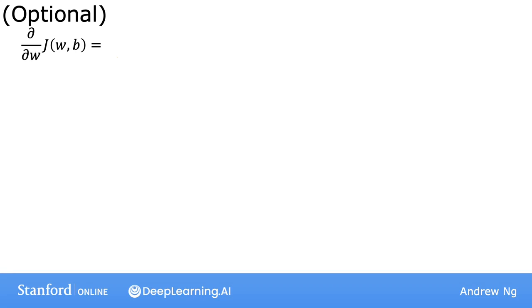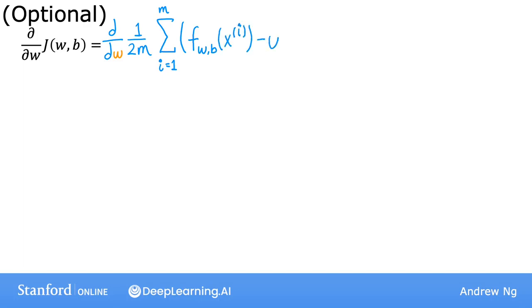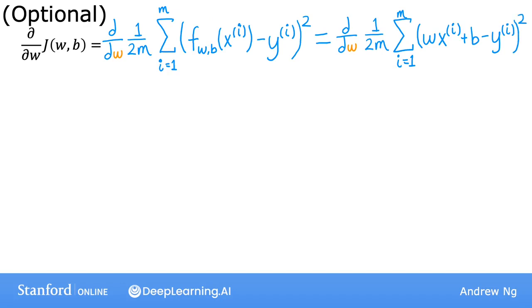Let's start with the first term, the derivative of the cost function J with respect to w. We'll start by plugging in the definition of the cost function J, so J of w,b is this: 1 over 2m times this sum of the squared error terms. And now remember also that f of w,b of x^i is equal to this term over here, which is w x^i plus b.